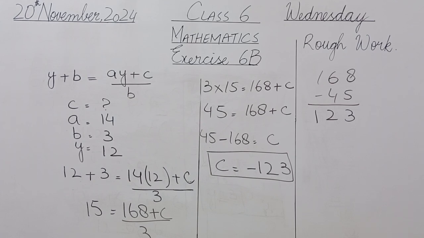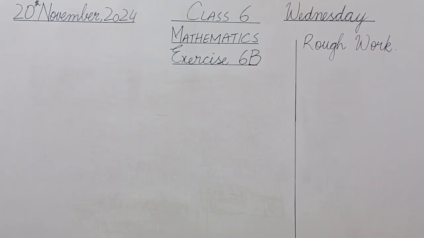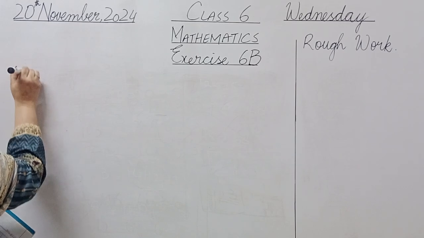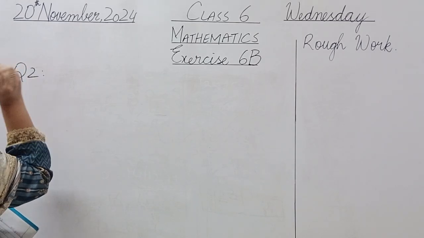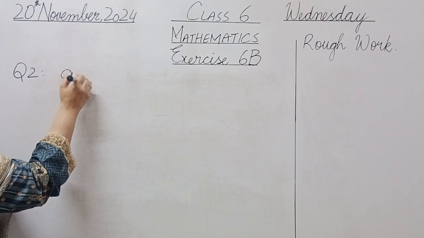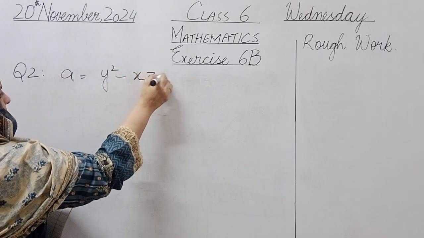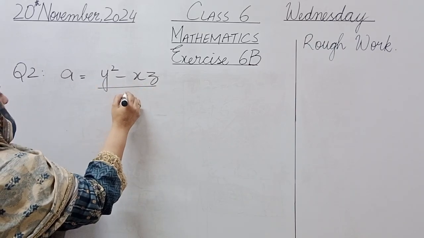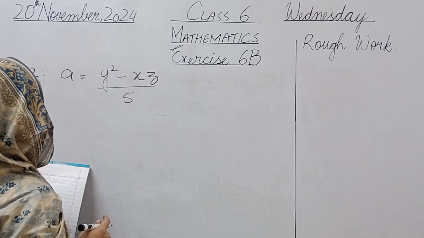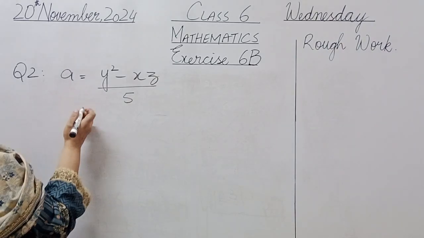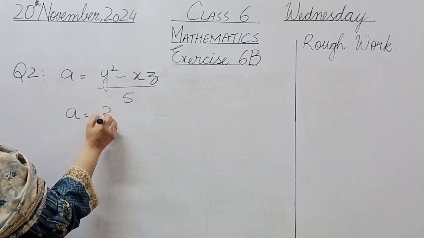Okay, now we'll be doing question number 2, exercise 6b. Let me erase the board within a while. Okay, question number 2, now the board is all set. A is equal to y square minus xz over 5, and we have to find out the value of a here.